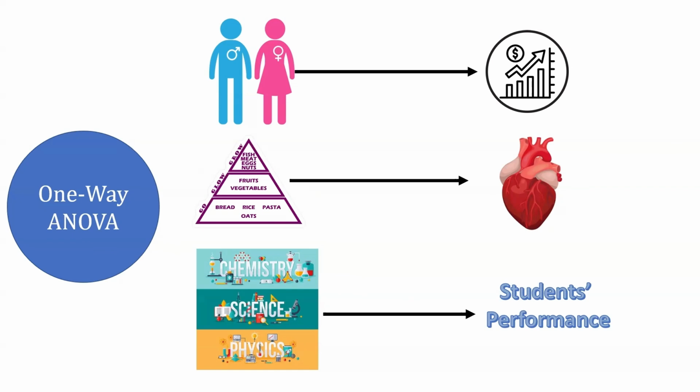For example, in one-way ANOVA, it may be gender has influence on inflation, or group of foods has influence on the blood pressure, or the science subjects have influence on students' performance.